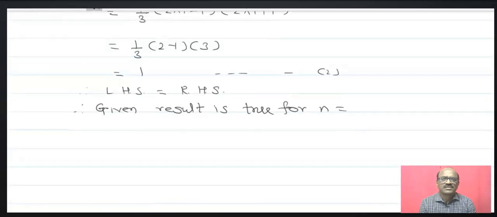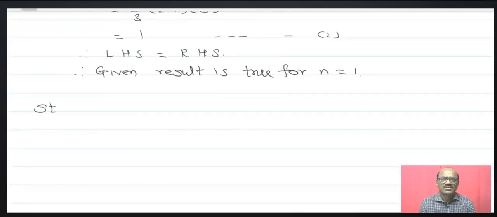Therefore, the next step, assumption. That is step number 2. The given result is true for n is equals to k.